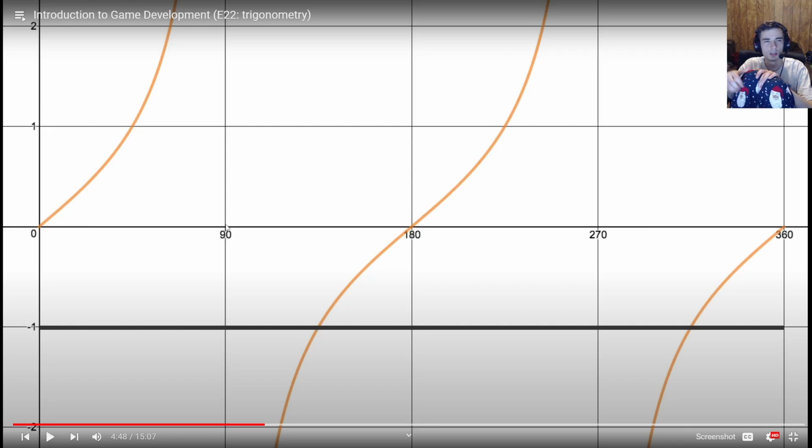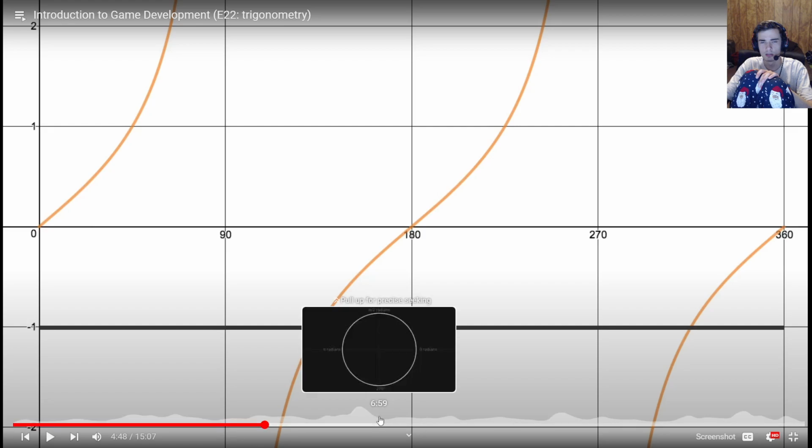It would equal 1 in the middle. X is 1, so x over y would come down, then be 0 over 1, then go back down.